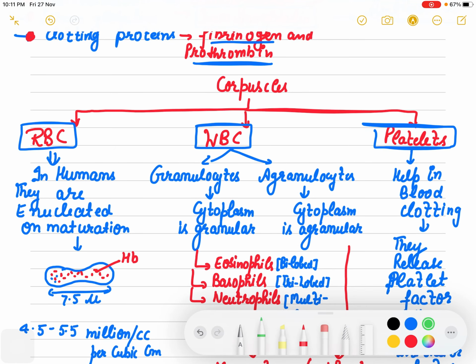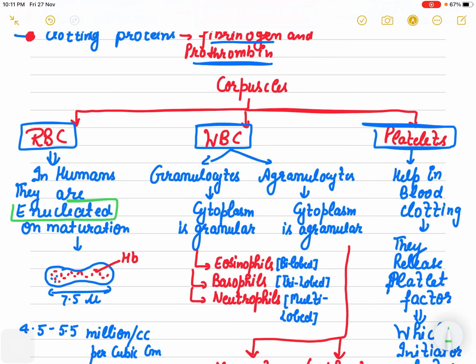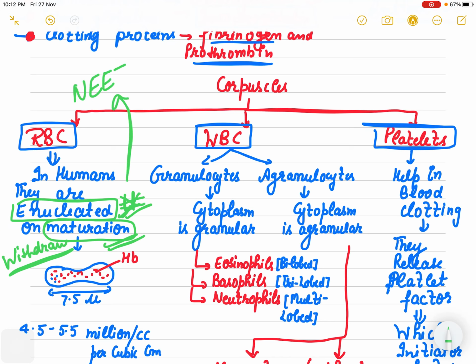Initially they have a nucleus and other organelles, but once the RBCs mature, they release their organelles, and the nucleus is also removed. So on maturation they are enucleated. That is a very important objective question: RBCs are enucleated.